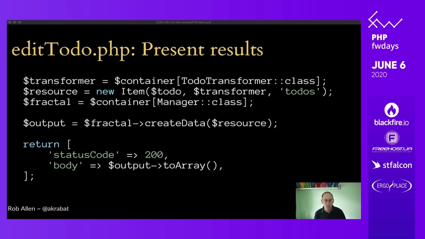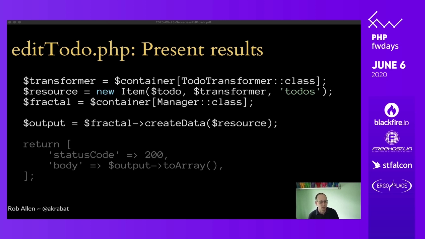I've chosen to use a system called Fractal, which is a transformation system from the PHP League people. And what it will do is it will create a representation of our data in a format suitable for going down the wire, nicely sorted out for us.